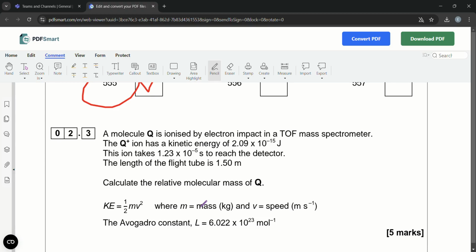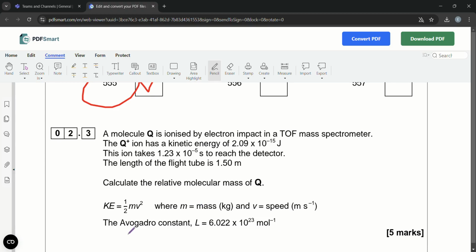Calculate the relative molecular mass of Q. How do we find it?